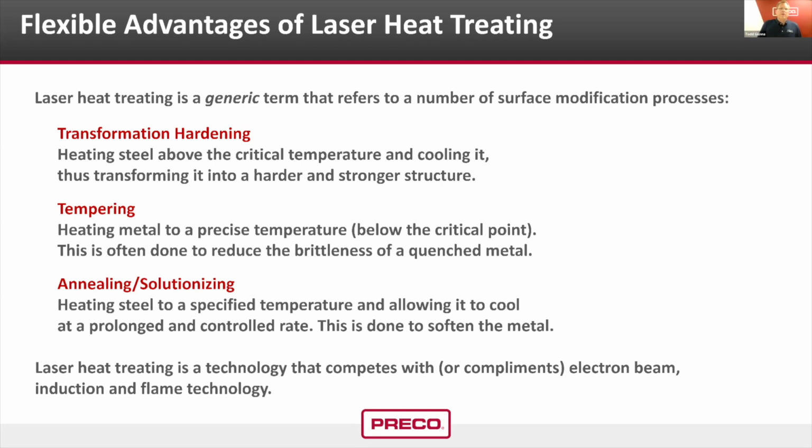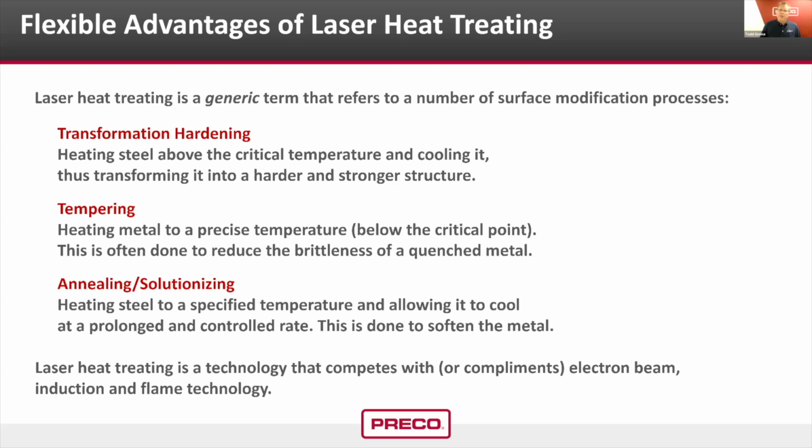The majority of laser heat treating that is done in the industry is transformation hardening. Lasers can also be used for tempering and annealing, but these will not be covered in this presentation. Transformation hardening in its basic form is heating the desired surface red hot and rapidly cooling it to transform the grain structure to martensite.